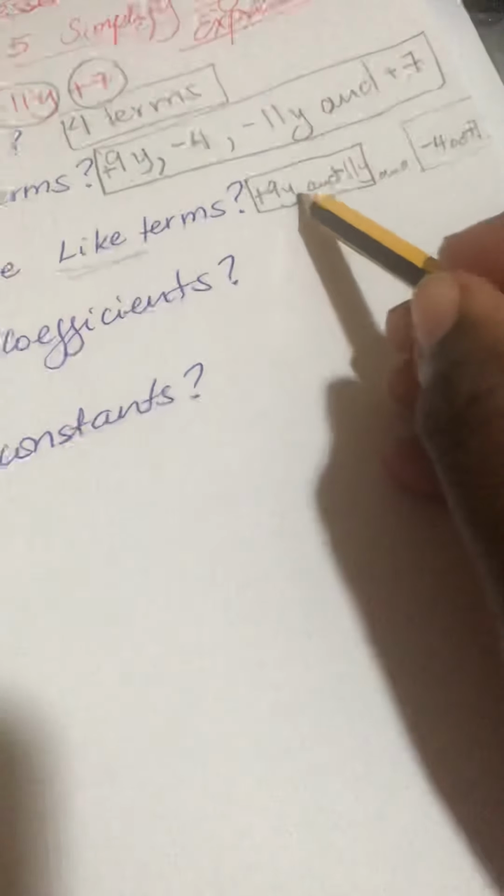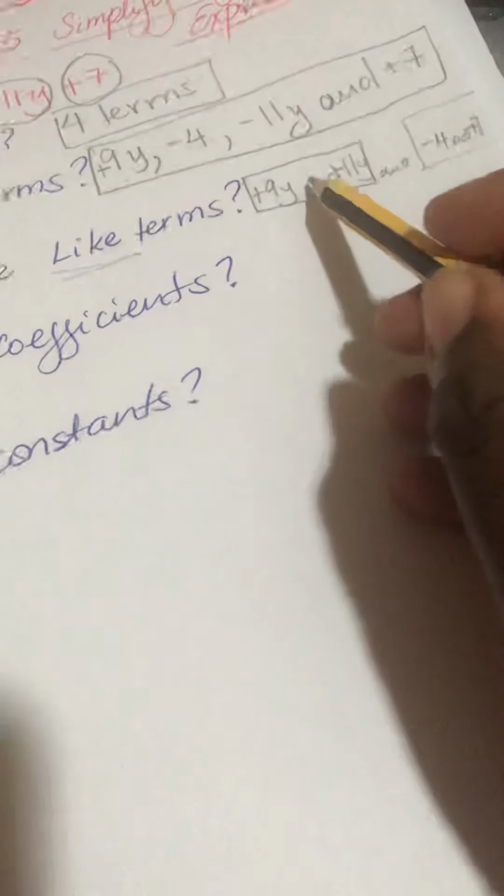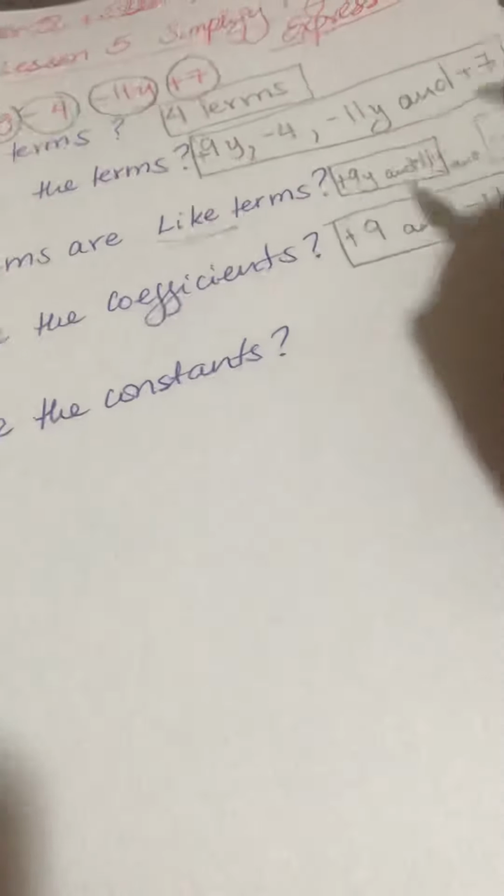So the number with the variable that is being multiplied or divided is the coefficient. So here I have 2 coefficients, positive 9 and negative 11. So here you write the numbers with the variable, but just the number itself, okay? So that's the answer for the coefficient.